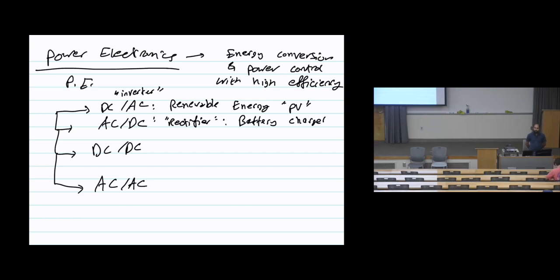Whenever there is a battery, the battery must be in DC. There is no way for the battery to be in AC. In other words, we cannot store AC energy in the battery. We can only store DC. How can we connect this to the battery? Again, using the rectifier, the power electronics device which is AC to DC.